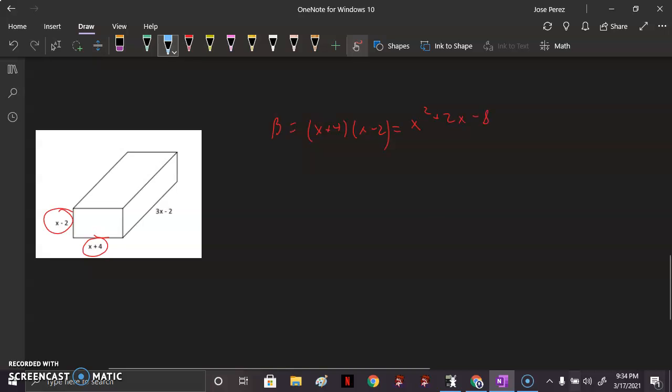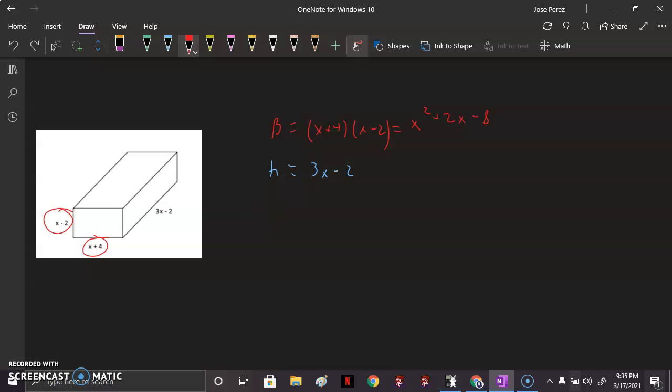Now, what about the height? The height would be 3x minus 2. What about the LA? Well, LA would equal the perimeter times the height. Let's write that down.